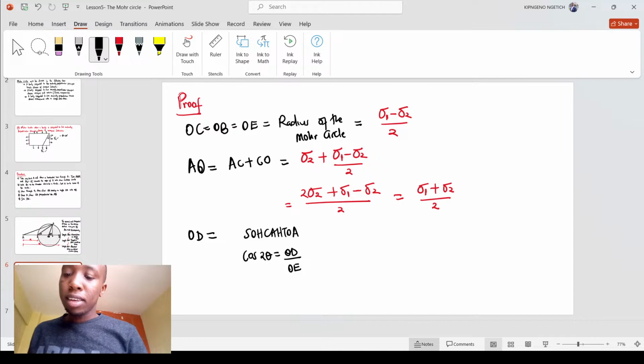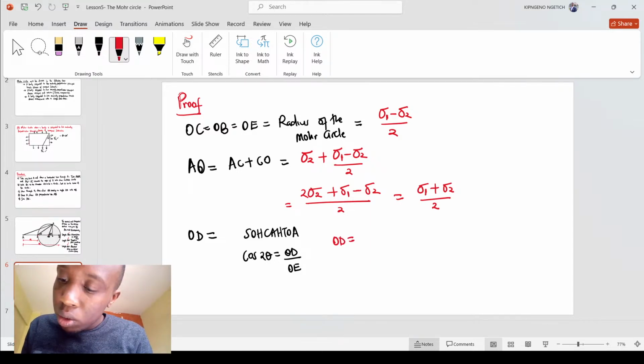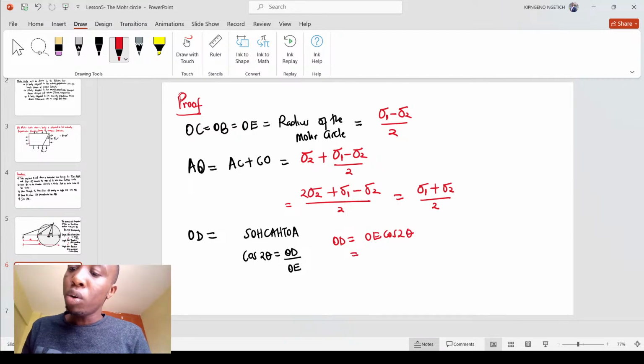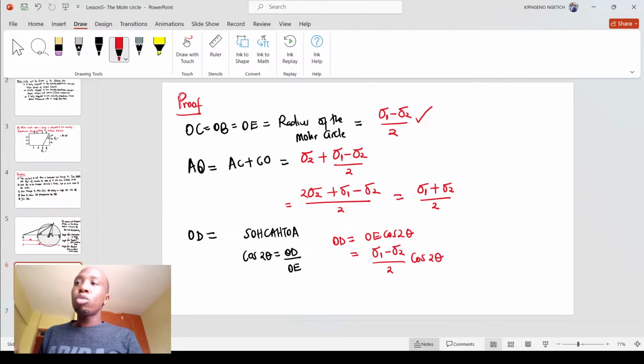All right, so OD will be OE cos of 2 theta, which will be stress 1 minus stress 2 over 2 cos 2 theta. Very good.